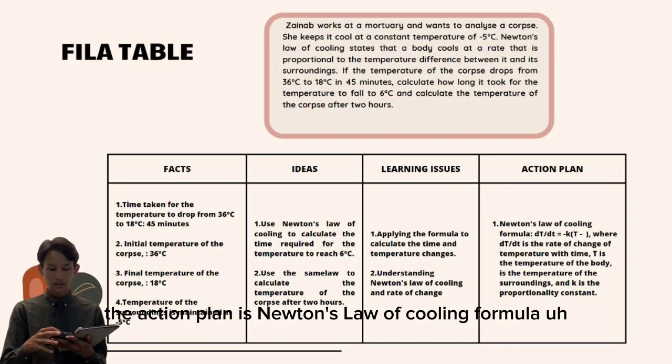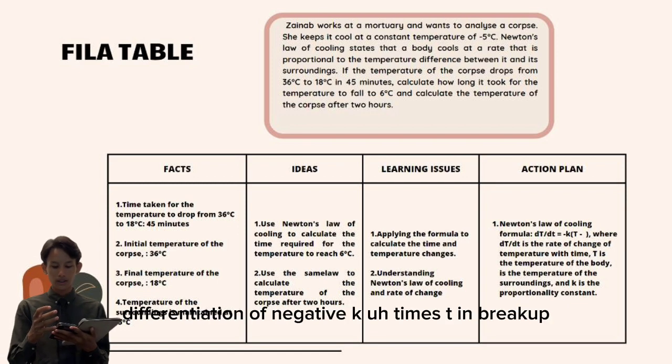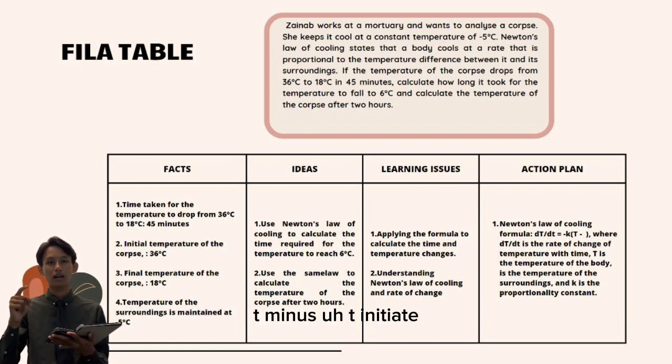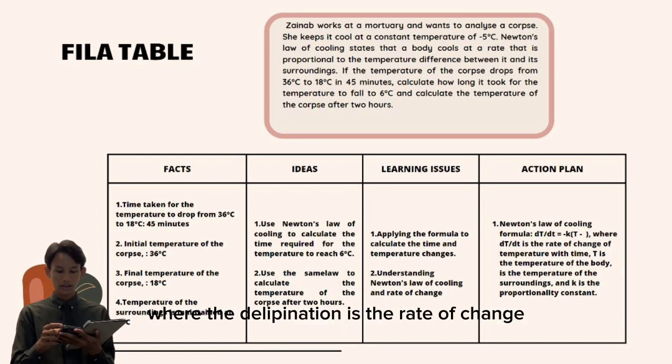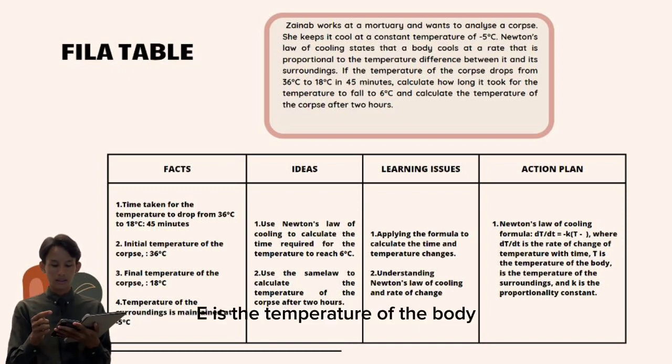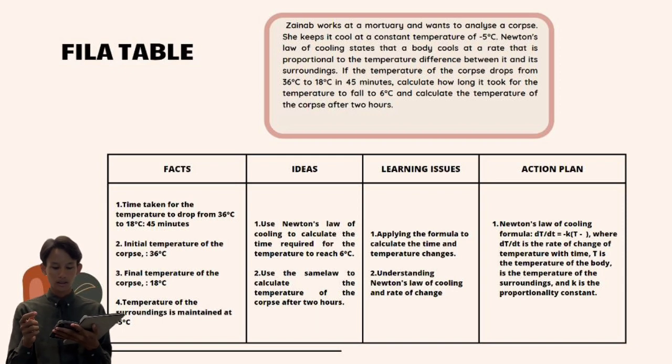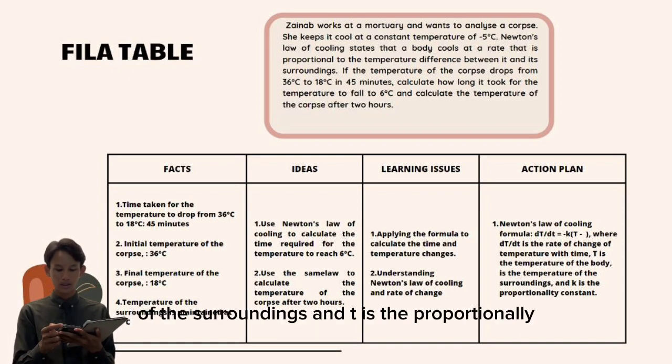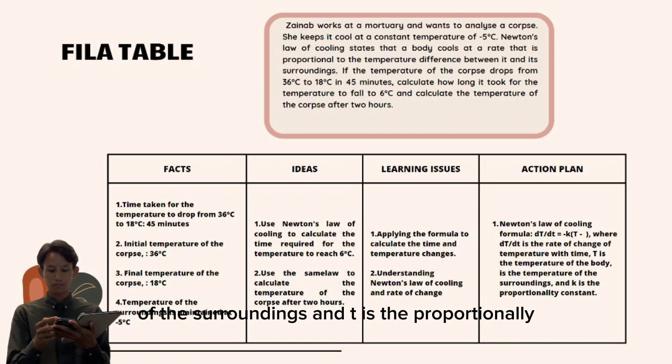The action plan is Newton's law of cooling formula: dT/dt = -k(T - T_s), where dT/dt is the rate of change of temperature with time, T is the temperature of the body, T_s is the temperature of the surroundings, and k is the proportionality constant.